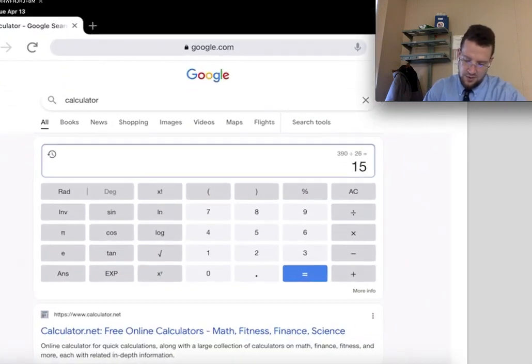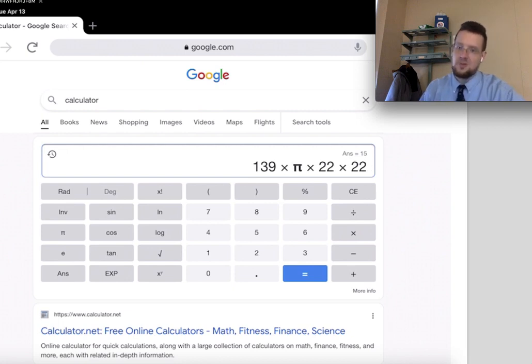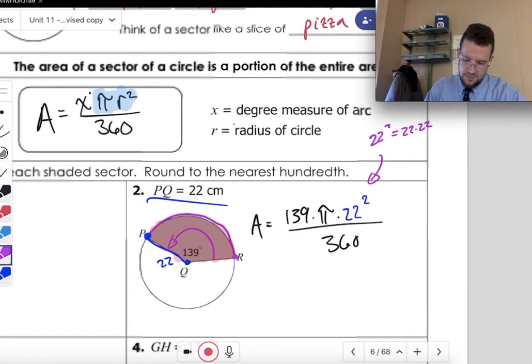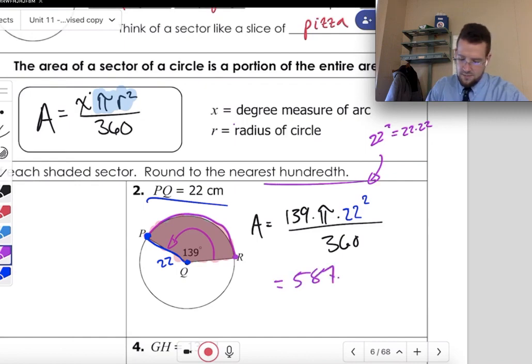So 139 times pi times 22 times 22, because 22 squared is 22 times 22. Enter, divided by 360. That looks like 587.09. Rounding to the nearest hundredth, 587. All right, that's our answer.